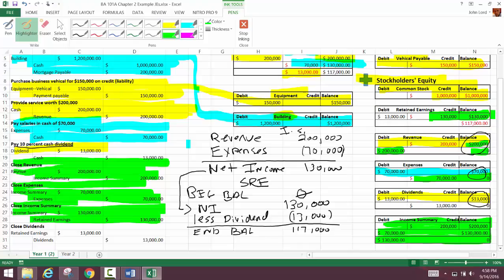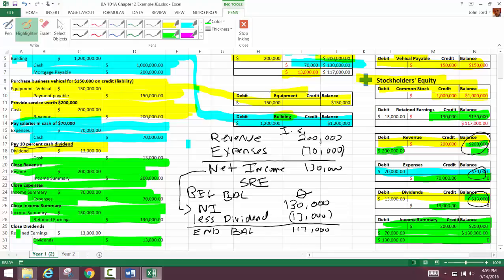Okay. And then I just have to close my dividend account because I keep track of my dividends by year. I want to know how much I paid each year, assuming I pay a dividend in a given year. Since it has a debit balance of 13,000, I'll credit it 13,000. Is that closed now? That one is now zero.